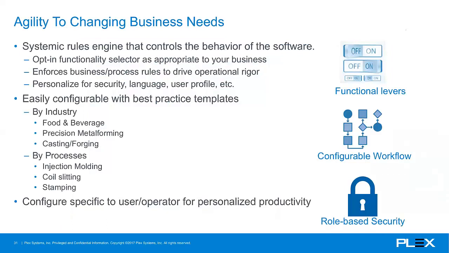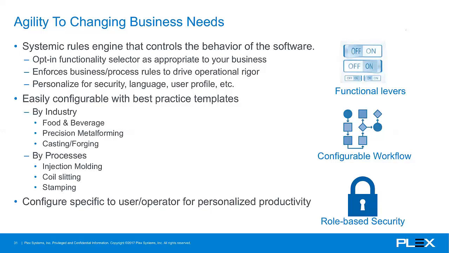In addition to removing the IT burden of running and maintaining the system across your enterprise, Plex empowers your business analysts to configure the system, not customize it. Embedded in the core framework of Plex are opt-in settings that can be used to configure and enforce particular business processes. Because of the Plex platform, the entire enterprise can be configured and optimized to support the business needs from one central place.